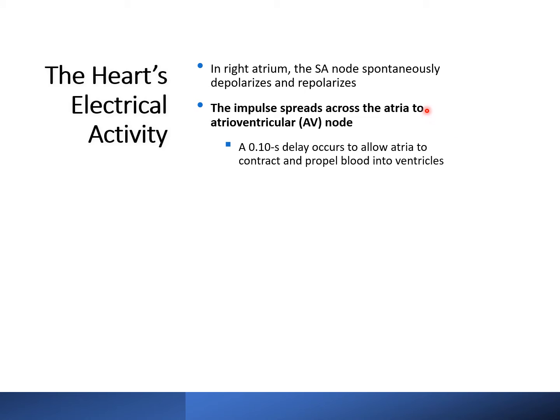So it spreads across the atrium back to the AV node, and then that AV node has a bit of a delay, so that you have that contraction of the atria first, followed by the contraction of the ventricles. So it needs to be that delay. If there wasn't, then everything would just contract at once and the blood wouldn't go where it needs to.